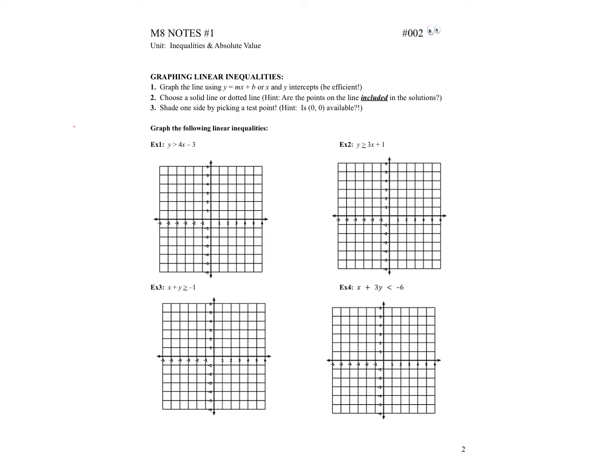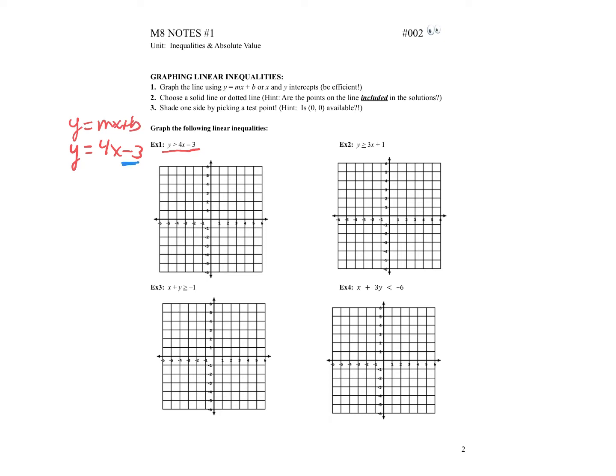So the first one says y is greater than 4x minus 3. For a minute, think about this as y equals 4x minus 3, which is in the form y equals mx plus b. So I would start by graphing at b.